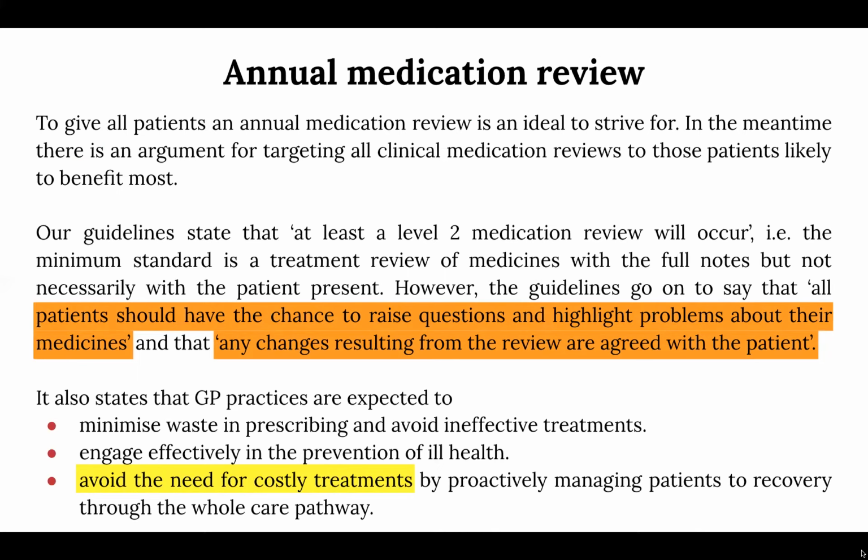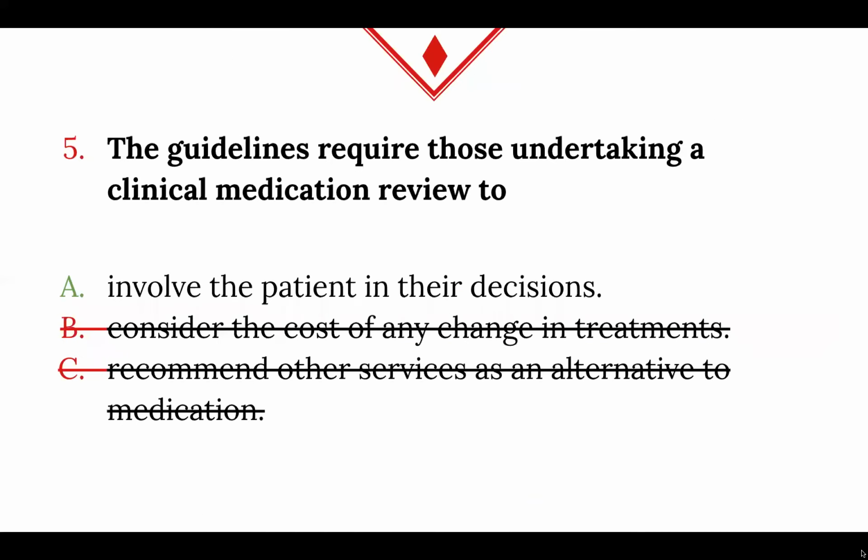And option C, recommend other services as an alternative, is not talked about in the given extract. So option C can immediately be discarded. Since option B is also not exactly explicitly given, the answer to question number 5 is option A. Involve the patient in their decisions.